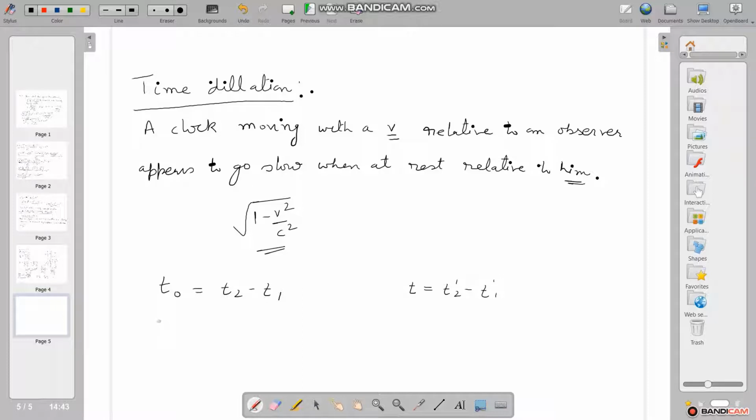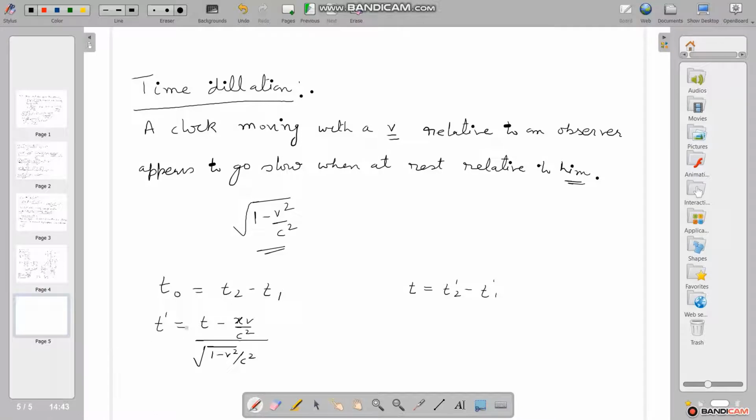time interval. As per the Lorentz transformation equation, we know that t dash is equal to t minus xv upon c square upon under root 1 minus v square upon c square.